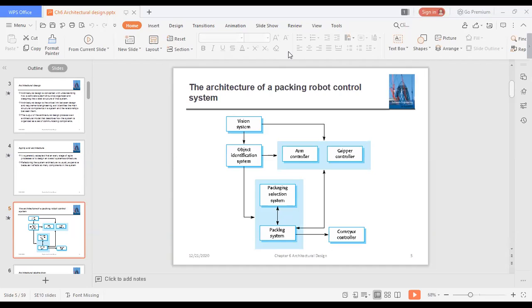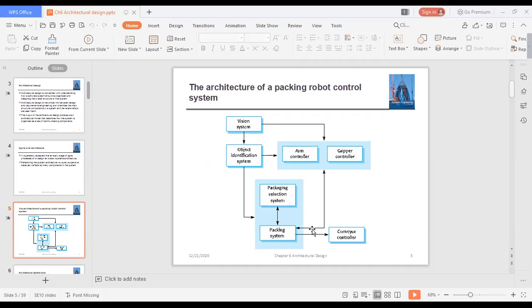For example, the processor, memory, battery or power supply, and the communication device, what we call the network device. It can be Wi-Fi, it can be Bluetooth, wireless technologies, or even infrared.